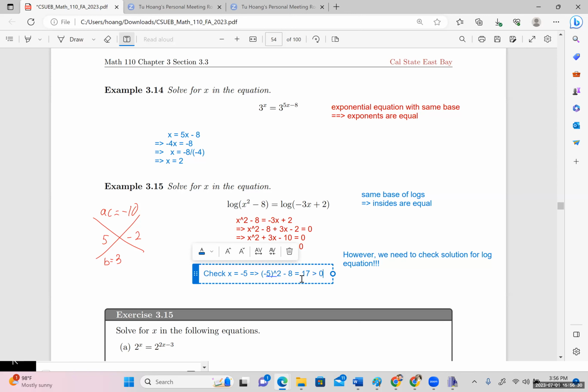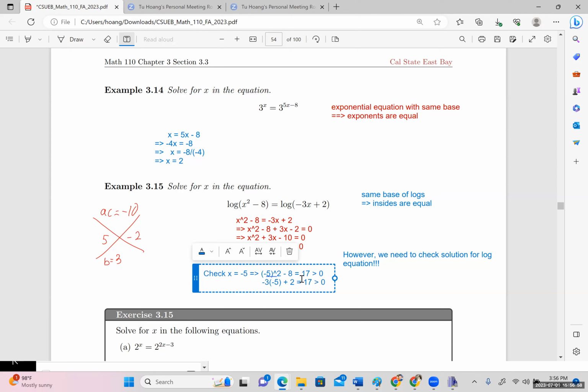But let's check the other inside. We have -3 times -5 plus 2. What is that? 15 plus 2, that's 17.